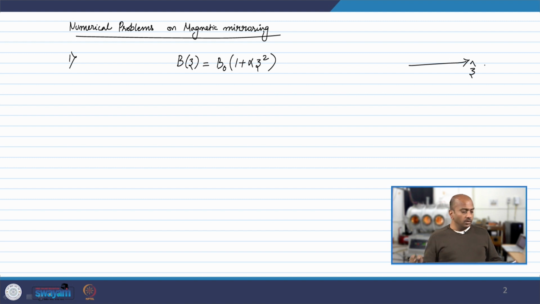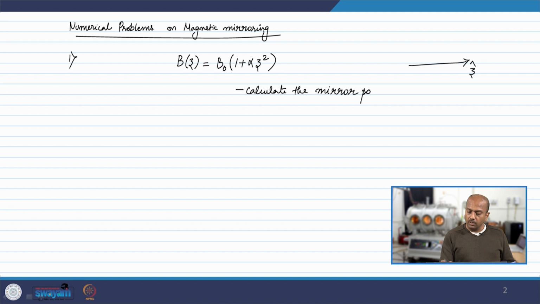Now if this is the configuration that we have been given, we have to calculate the mirror points. What are the mirror points?